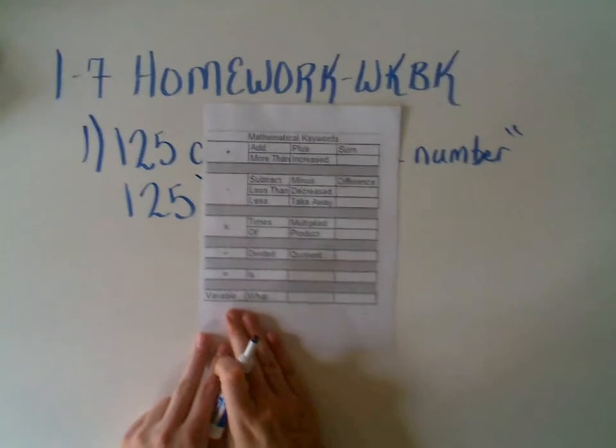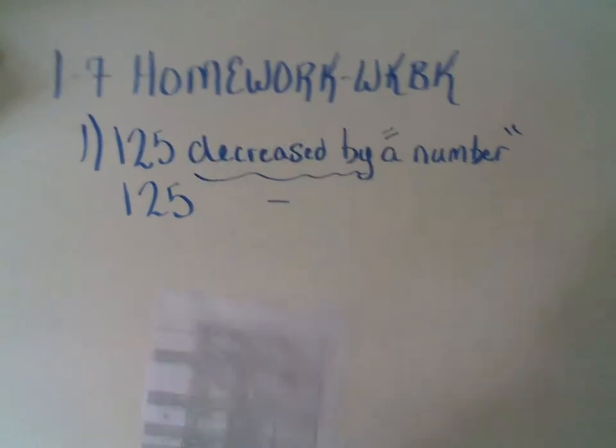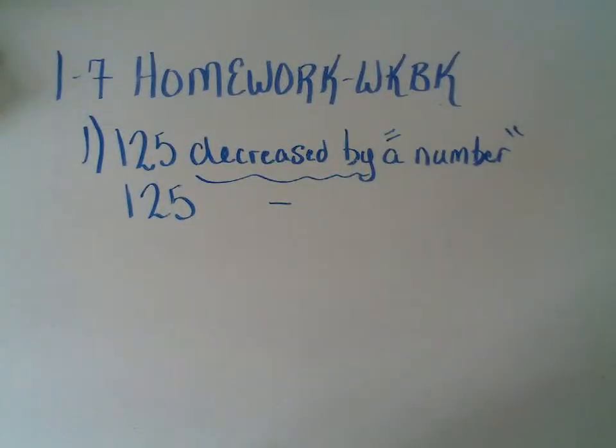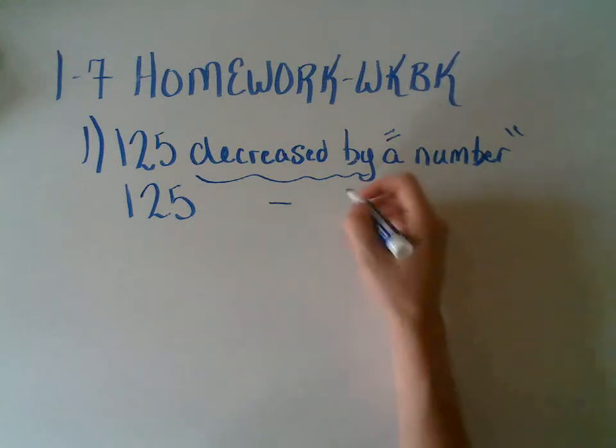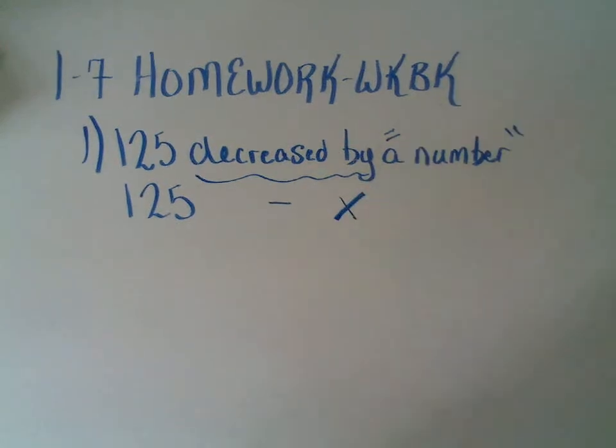Right? And as you can see down there, it says variable. So that's going to translate to a variable. And you can use any variable you want because it doesn't say anything here. So when we have a number here, I'm going to pick my variable, and I'm going to be creative and say x. And you're done. 125 minus x.